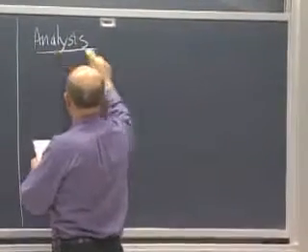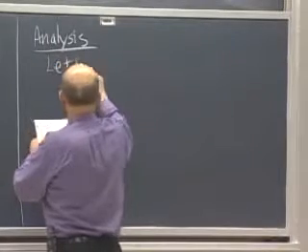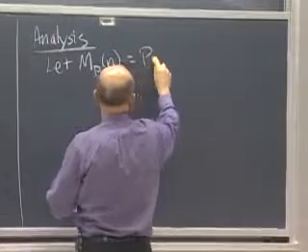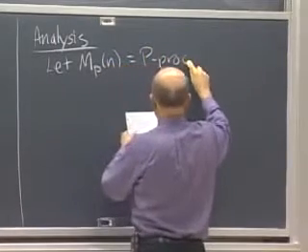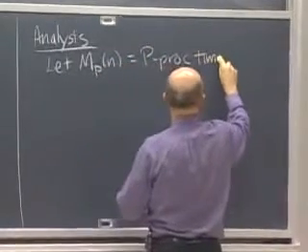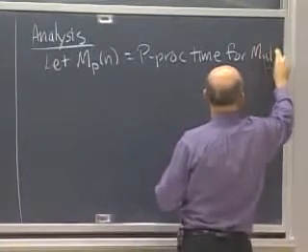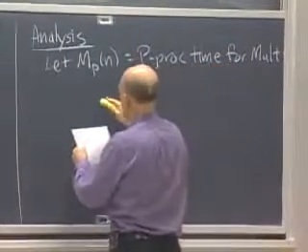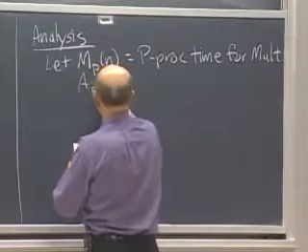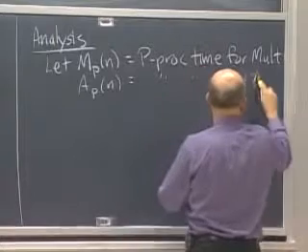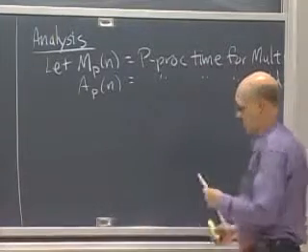Let m sub p of n be the p processor execution time for our mult code, and a sub p of n be the same thing for our matrix addition code.